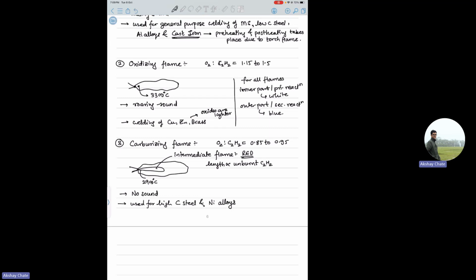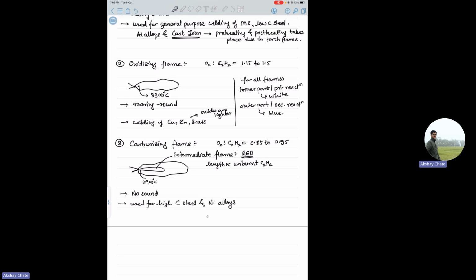Okay, so you cannot use it for MS or low carbon steels. But in high carbon steels there is already high carbon, so that doesn't matter when you use carburizing flame for them. Okay.